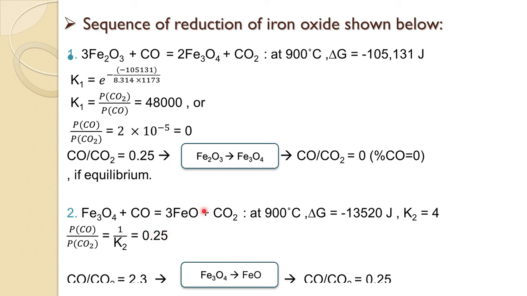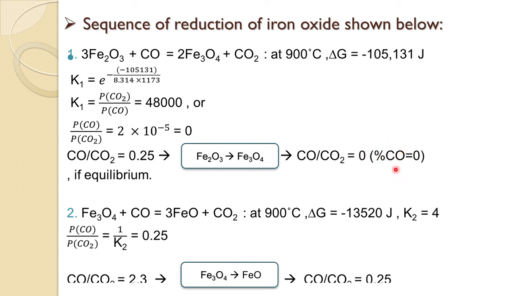So, once this is getting reacted, then this 0.25 minimum which is required at equilibrium, this goes to the reduction of hematite to magnetite, and this is sufficient enough. And so, what we are having in the 0.25, which is coming from this reduction in, and out is almost 0 nil.